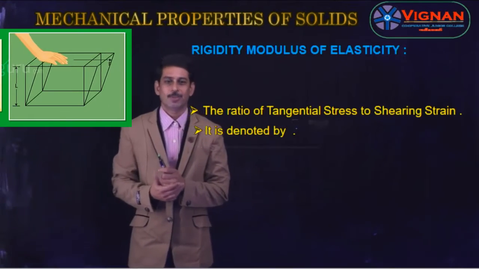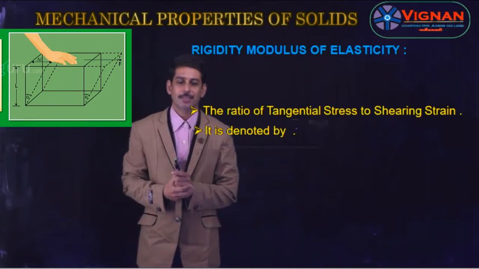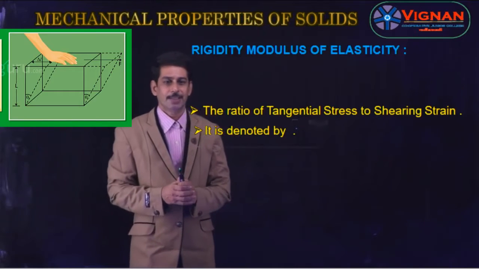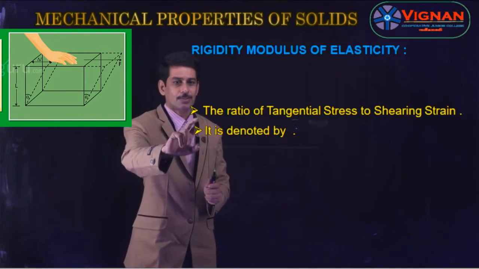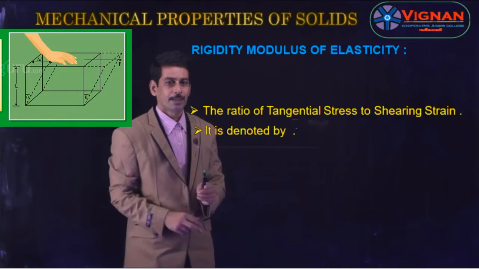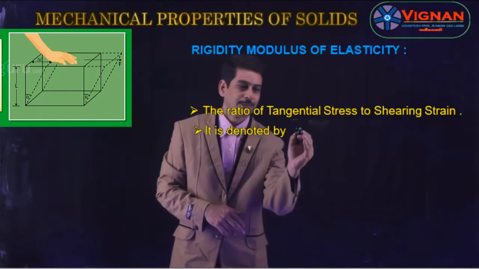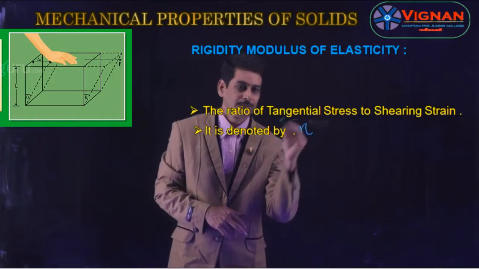The next type of modulus of elasticity is rigidity modulus of elasticity. It is defined as the ratio of tangential stress to shearing strain, and it is denoted by the letter eta.